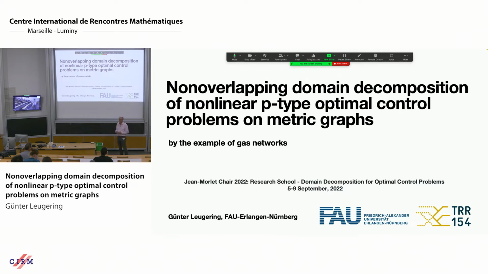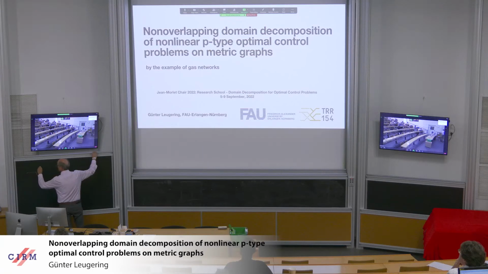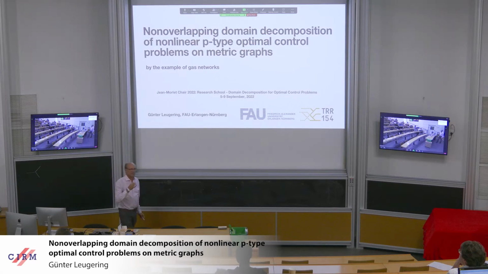Typically in engineering, people think of one-dimensional representations of such phenomena, and the one-dimensional representation then leads to graphs. So you have a typical situation, and this is like the building block for any graph, the multiple junction.